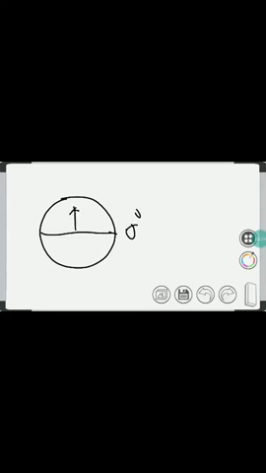So the exact figure is like this. The center one is the equator. The equator is 0 degree, and towards the north is the northern hemisphere, towards the south is the southern hemisphere.